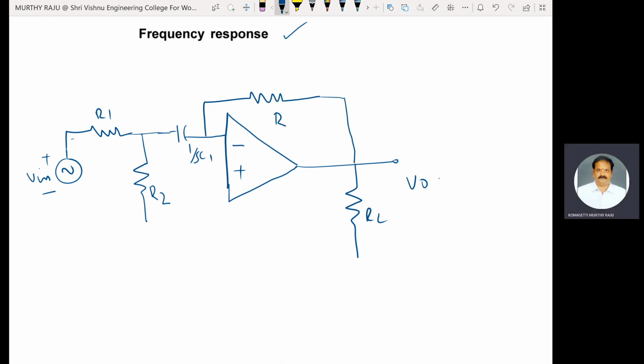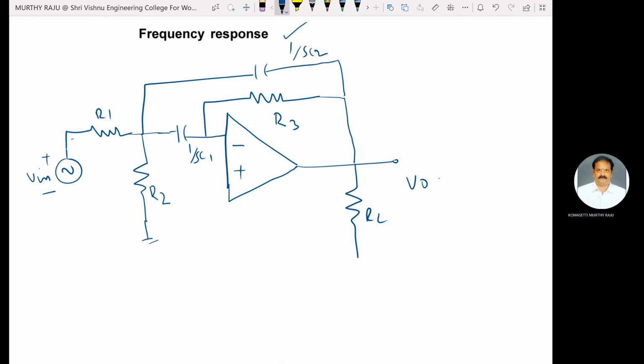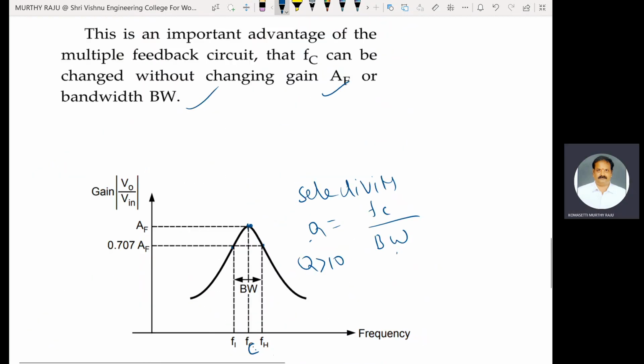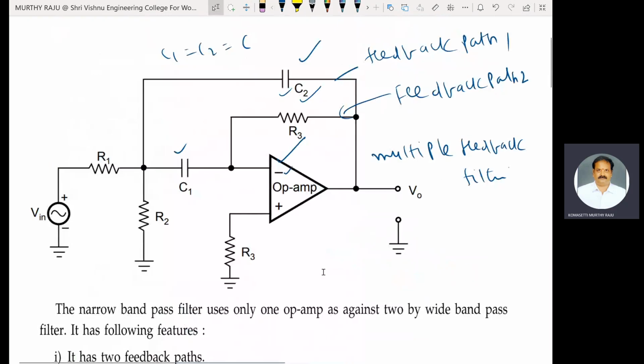This one is R3. This is a multiple feedback filter. Another one, this one is 1 by SC2. The compensating resistance is also there. This is the actual circuit diagram.